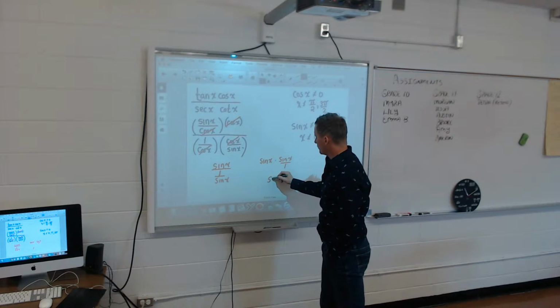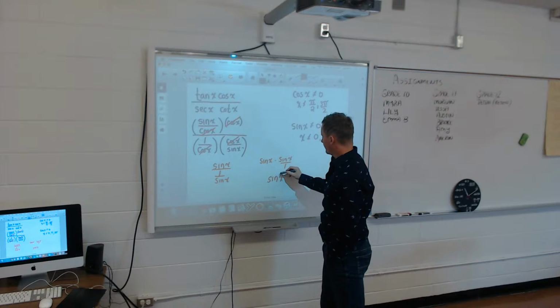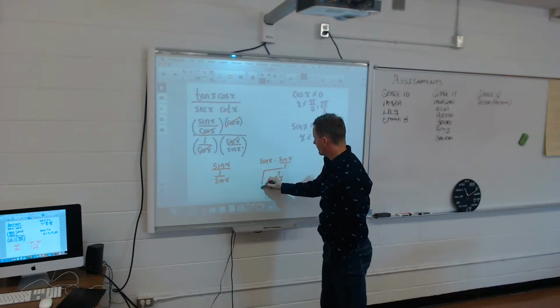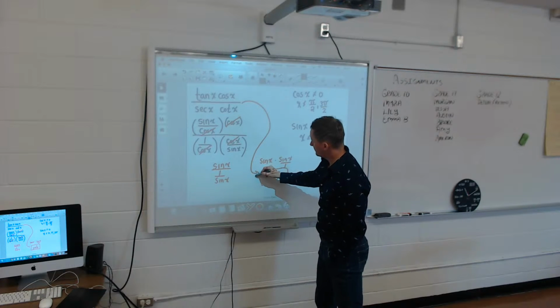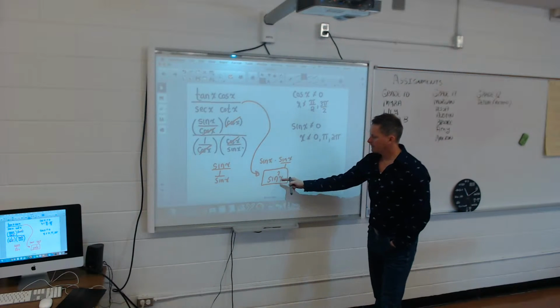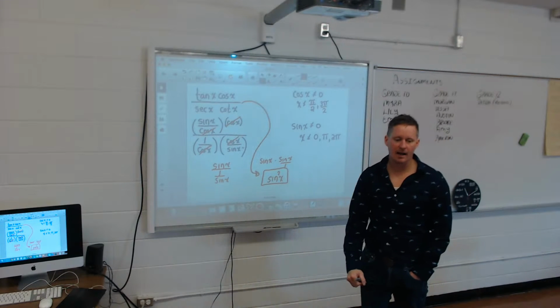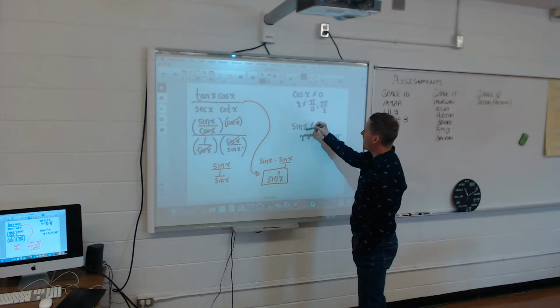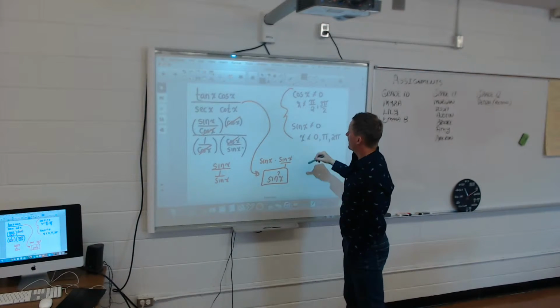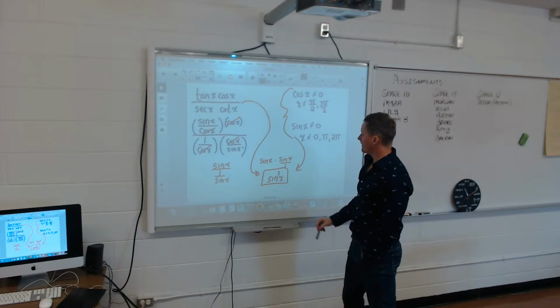So my final solution for this, this whole thing simplifies down to sine squared x. That's the simplified value. And these have to be included as my restrictions.